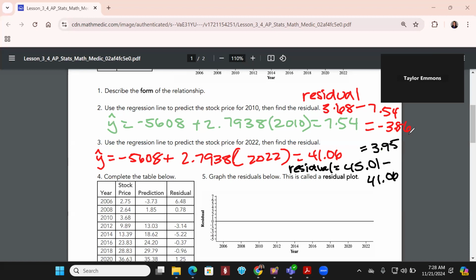Okay. Now, how can we find the prediction for this one? Looking at the little table below, in 2010, there's missing pieces right here, right? So what are we going to do? We're going to plug in 2010 into our equation. So go ahead and take a moment. Try that one.